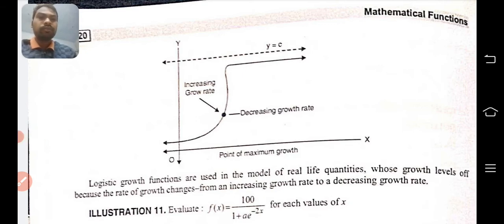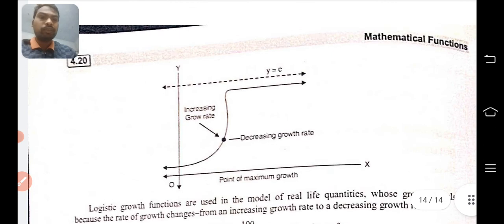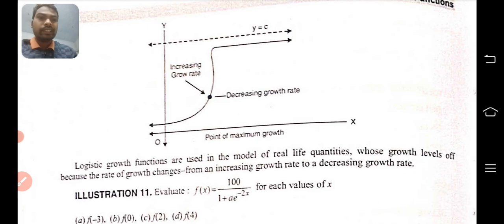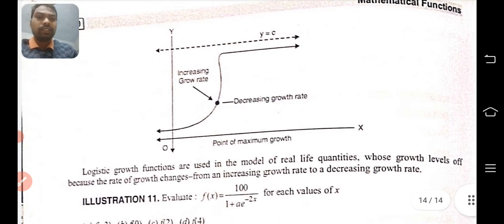You can see in the page, figure 4.20, the graph is increasing. On the x-axis we have taken the point of maximum growth, and on the y-axis the value of y. The maximum growth that is possible is y equal to c; beyond that it is not possible.